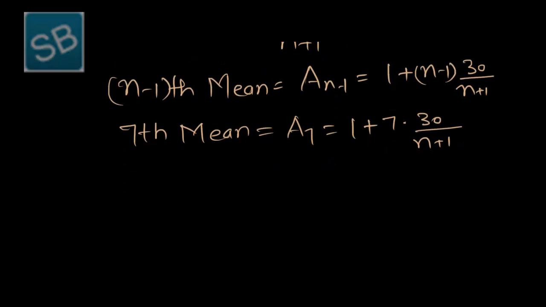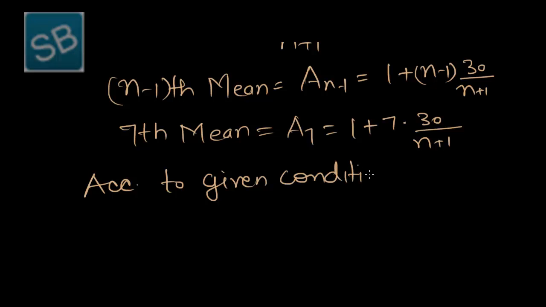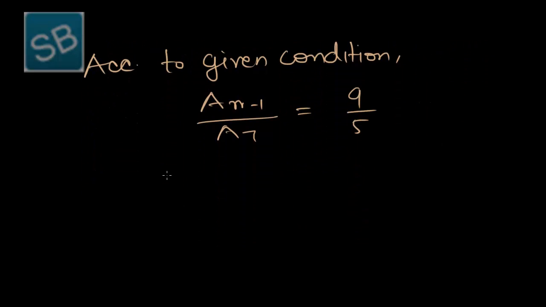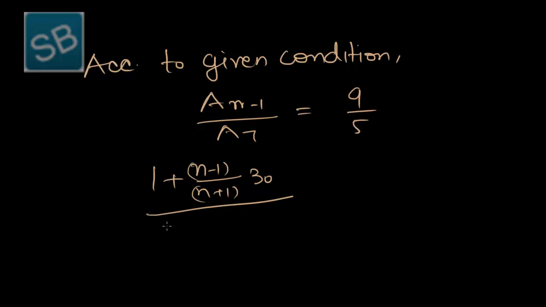Now according to the given condition, we get A of n minus 1 over A7 is equal to 9 over 5. Therefore, we substitute the value of A of n minus 1, that is 1 plus n minus 1 over n plus 1 into 30, over 1 plus 7 into 30, that is 210, over n plus 1, is equal to 9 over 5. Now we will solve it.